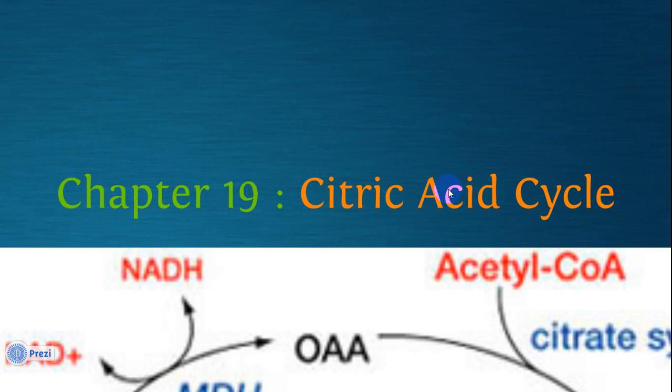Chapter 19, the citric acid cycle. We said before in chapter 17 that glucose will be broken down into pyruvate, and pyruvate can enter the citric acid cycle in the presence of oxygen, but before that it must be converted into acetyl-CoA. Now the acetyl-CoA will enter the citric acid cycle.